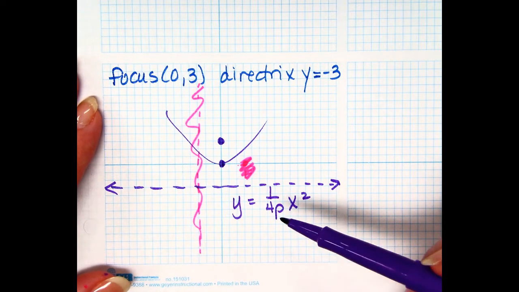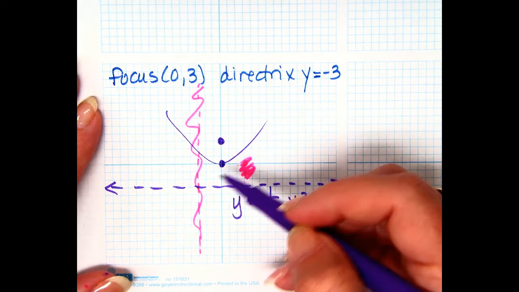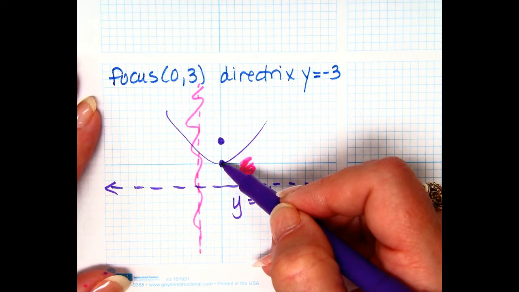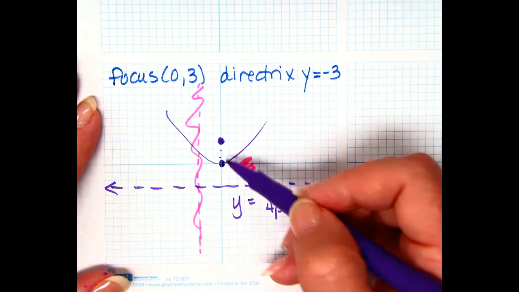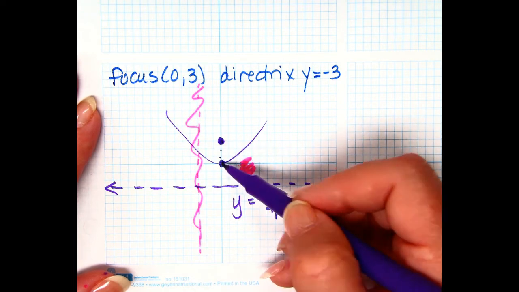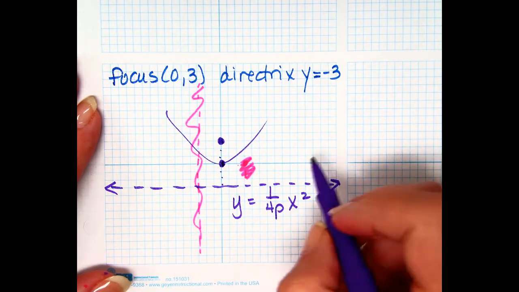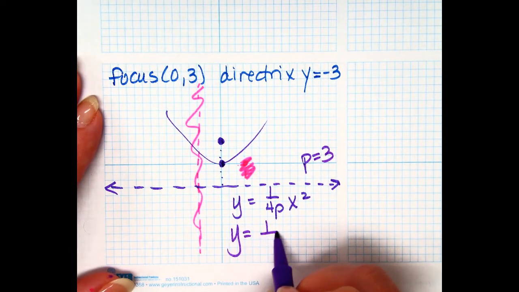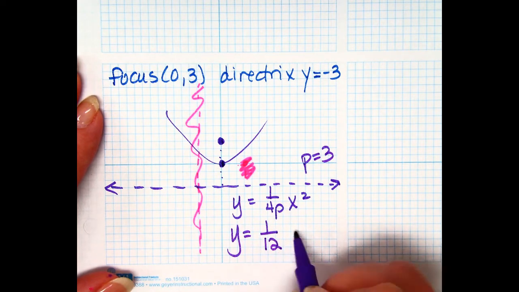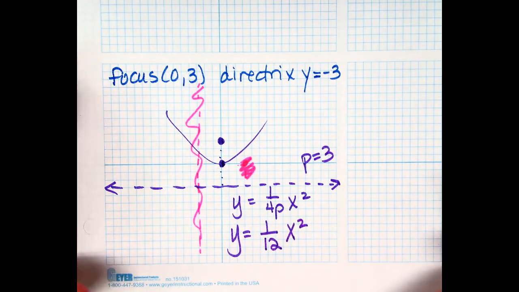Yeah, I look with my eyes, right? Where's my vertex? Where's my focus? Count. 1, 2, 3. Where's my directrix? Count. 1, 2, 3. What's p? P is 3. Finish the equation. 1 over 12x squared. Done.